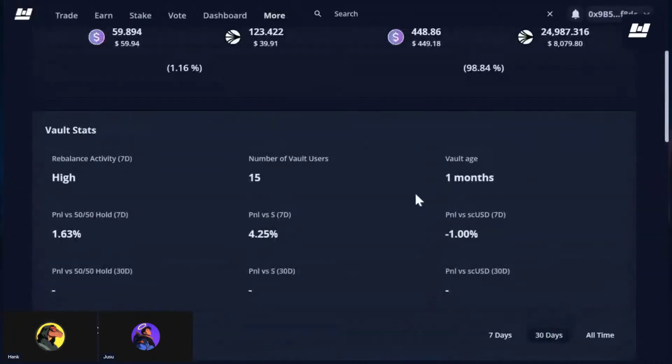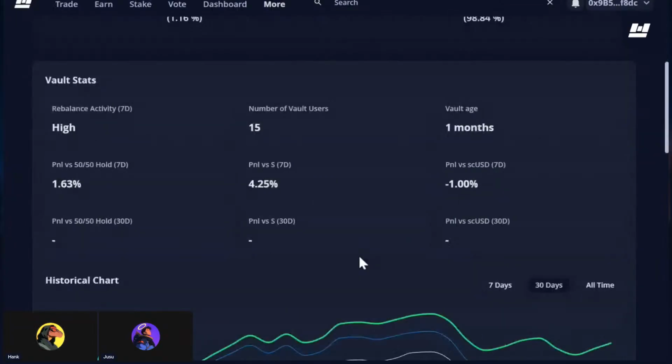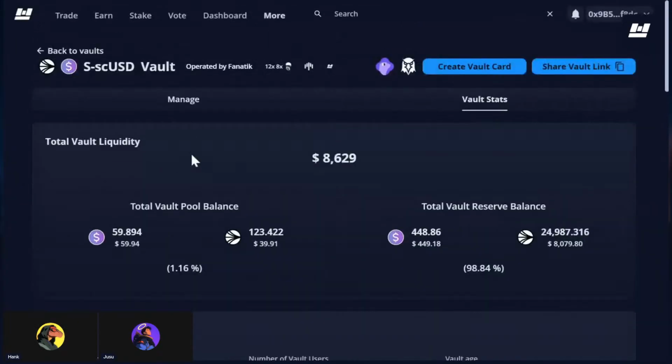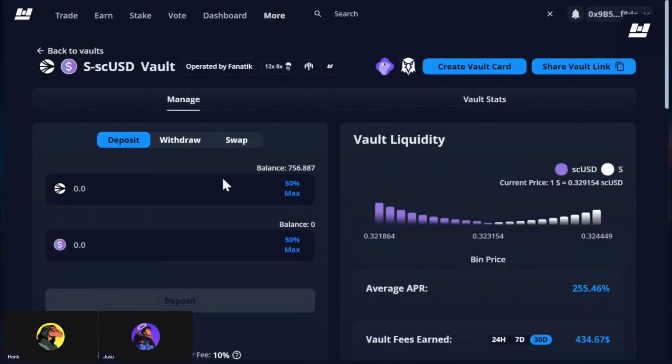So I'm going to allocate some in there, and I think this is a good vault. And this is also the big difference to Beefy vaults, right? Because Beefy vaults just rebalance. They just print your impermanent loss, and here you have the combination and an environment where all these different operators are competing for the best real profit and loss.